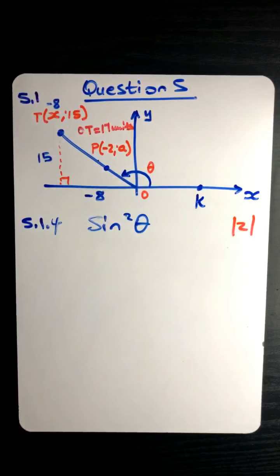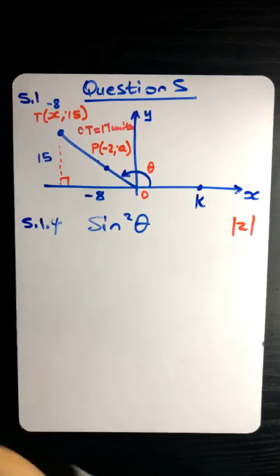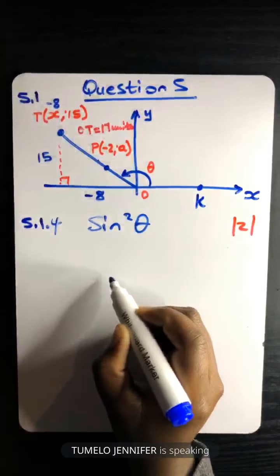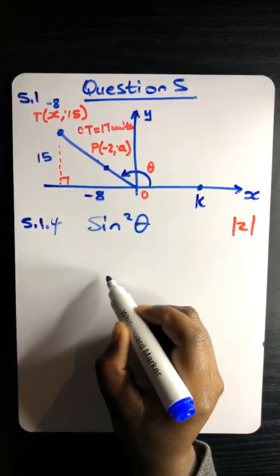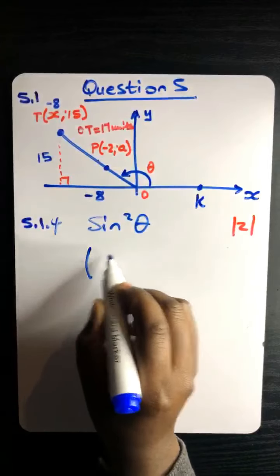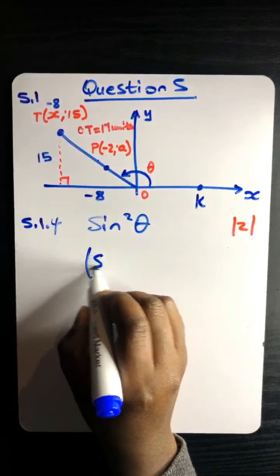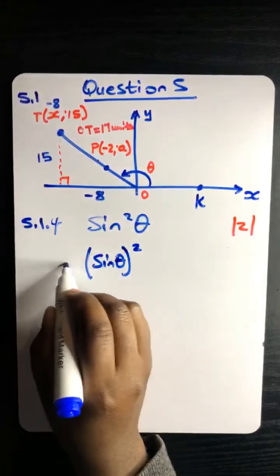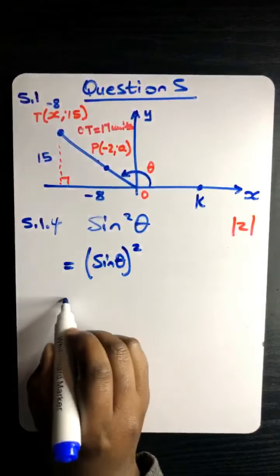Sarafina. Go for it. So aren't you going to say open bracket sine theta close bracket squared? Yes. So this, to write it nicely, is the same as that.